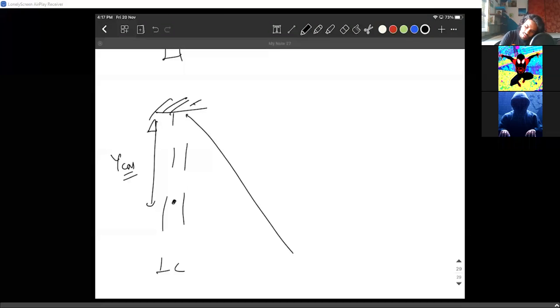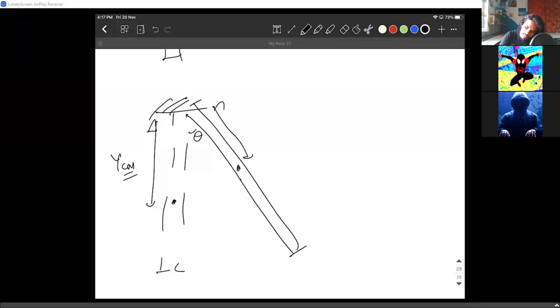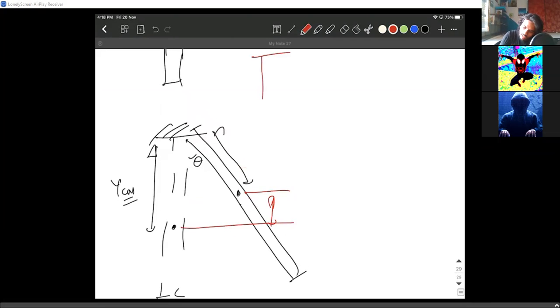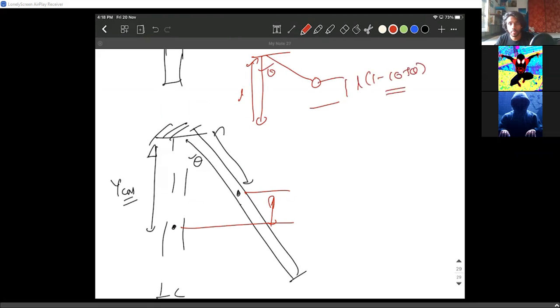Now when it is raised to an angle theta, what is the amount of height it raised? If only the distance was L and it raised to an angle theta, it was L into 1 minus cos theta. Normally, that is what we used in the problems.